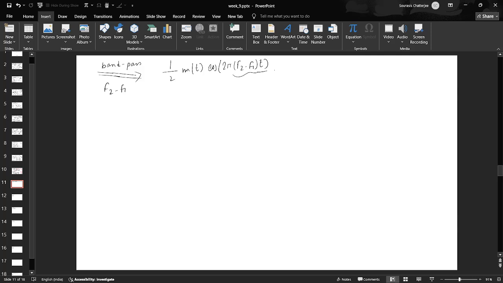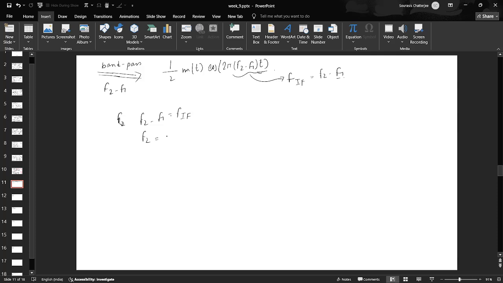And this is going to be my intermediate frequency FIF, that is f2 minus f1. Now you can see that the choice of f2: we have written that f2 minus f1 as FIF.